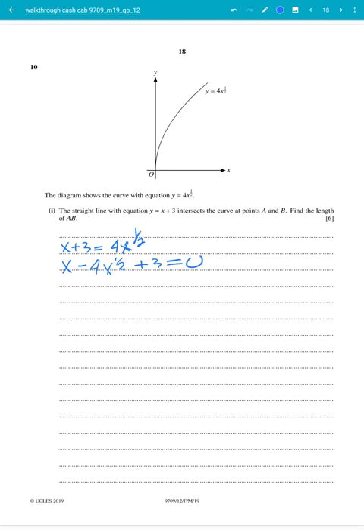Recognizing that this is now a quadratic, A is equal to 1, B is equal to -4, and C is equal to 3. So we can solve this one. We get x to the 1/2 going 1 or 3. So x is 1, x is square root of 3. So those are x's, so it's going to be 1 comma, we plug 1 in, we get 4, and then we plug in square root of 3, we get 12.